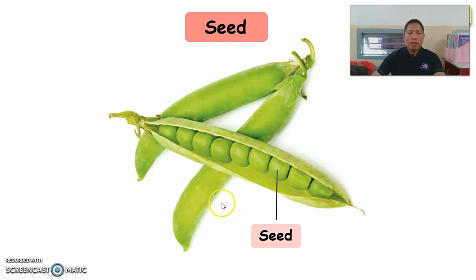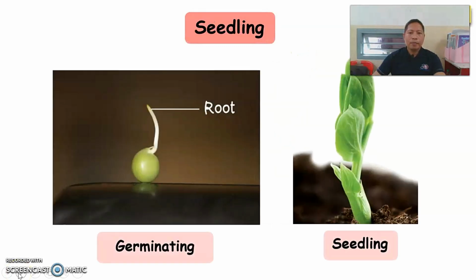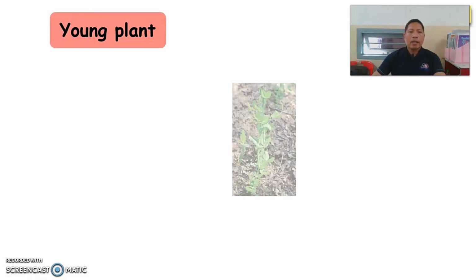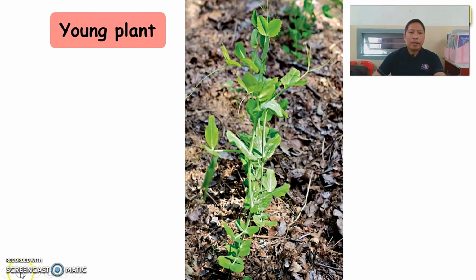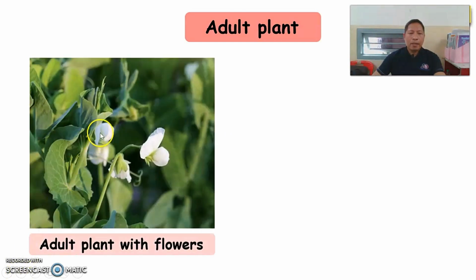Seeds become seedlings again, and the seedling becomes a young plant, and a young plant becomes an adult plant. And this last stage of the plant produces flowers.